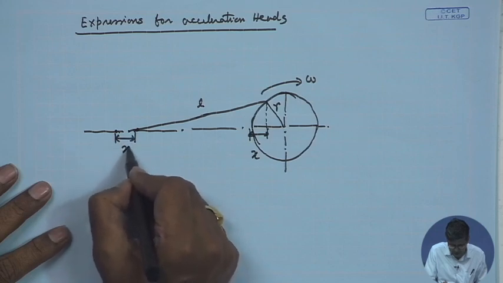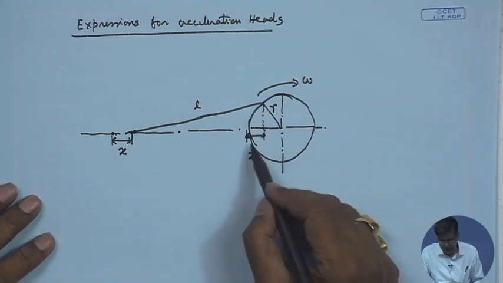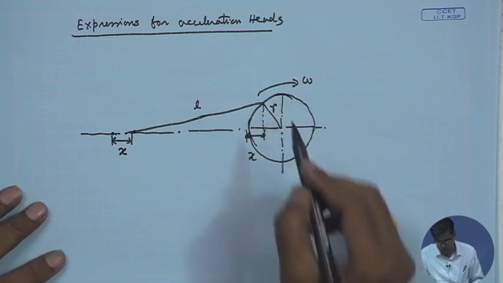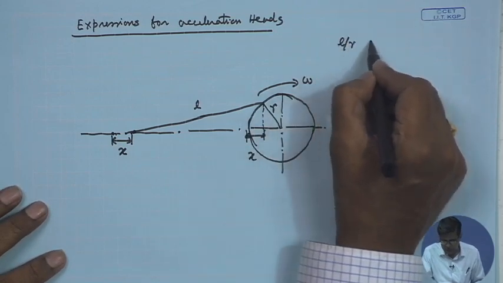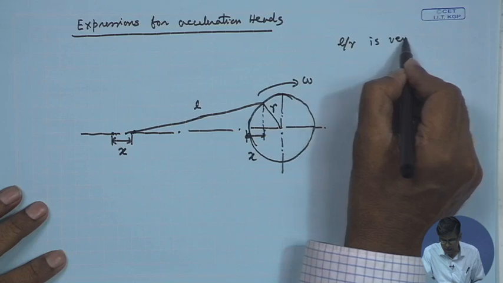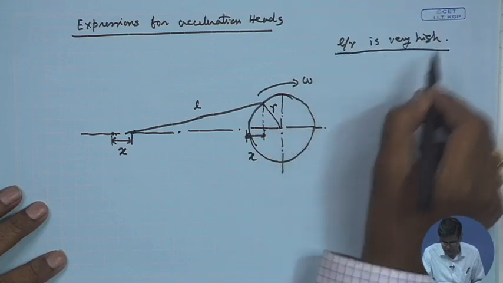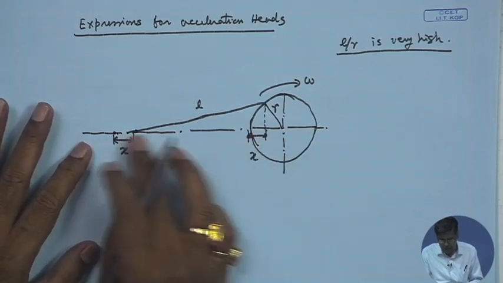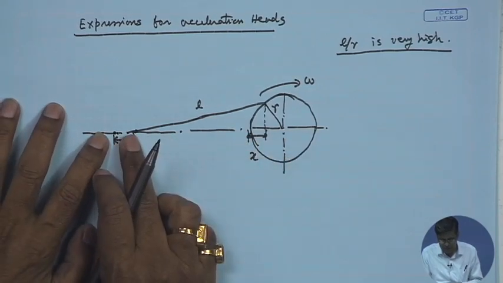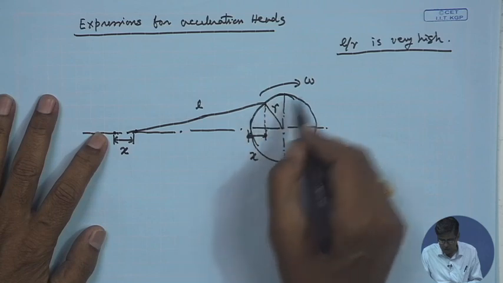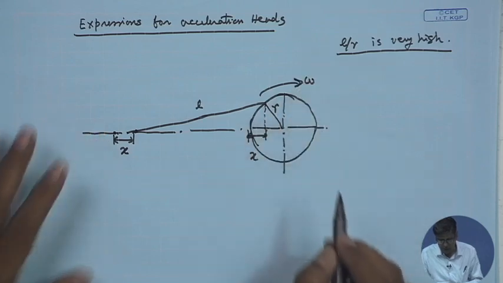Now, we derive an expression of acceleration in consideration of the crank rotation. When L by r is very high, we can assume a simple harmonic motion executed by the piston due to the rotation of this crank with a uniform angular speed omega.